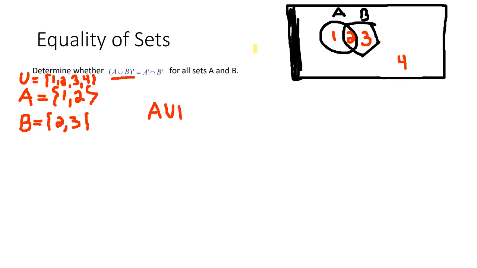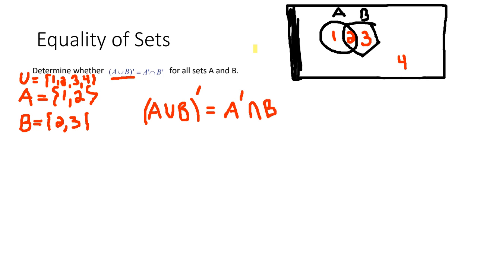So again, this is just the second way to do this, okay? And then this is equal to A complement intersected with B complement. And this is still equal here.